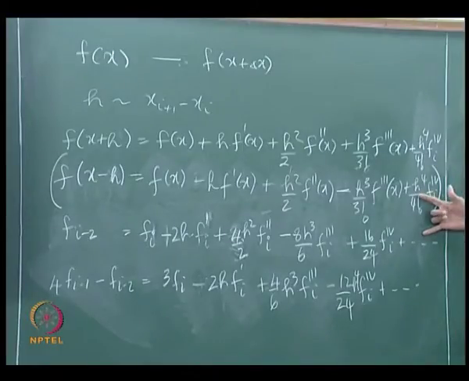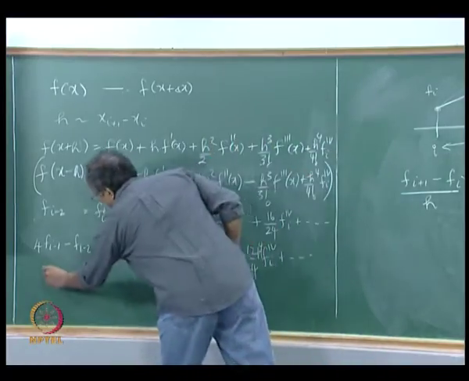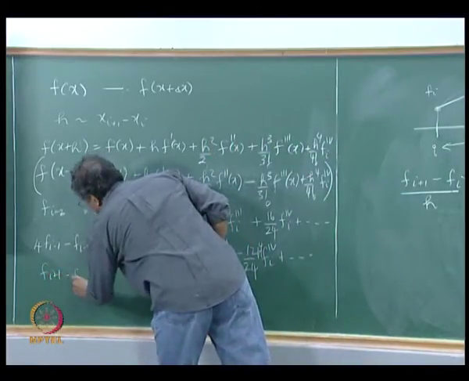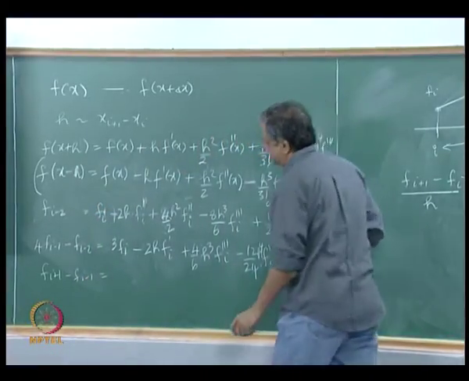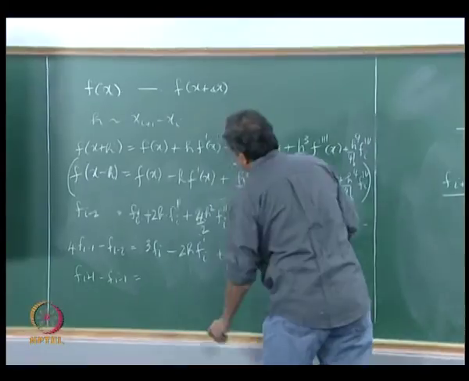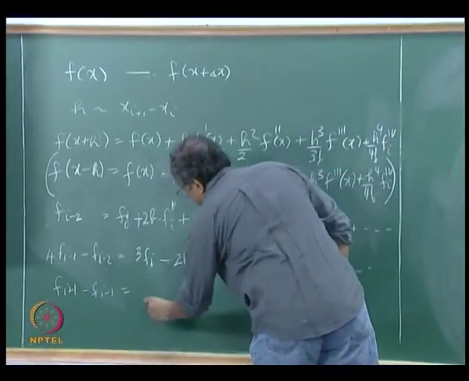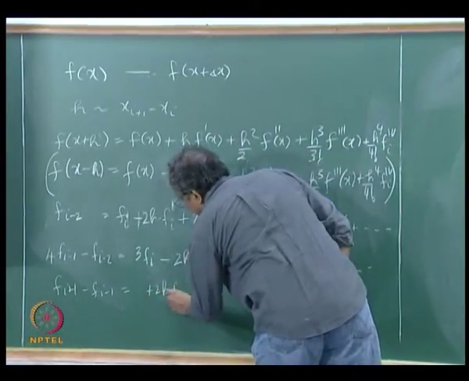So that is taking these two, and of course earlier we had knocked out the h squared term by subtracting these from each other, which gave me f(i+1) minus f(i-1) equals, I will just repeat that, no f(i) terms, plus 2h f prime at i.